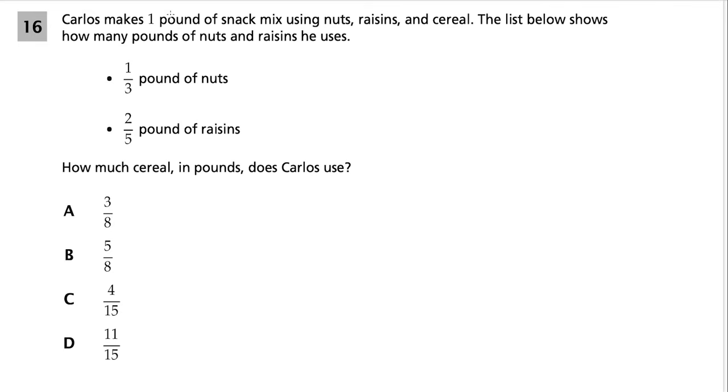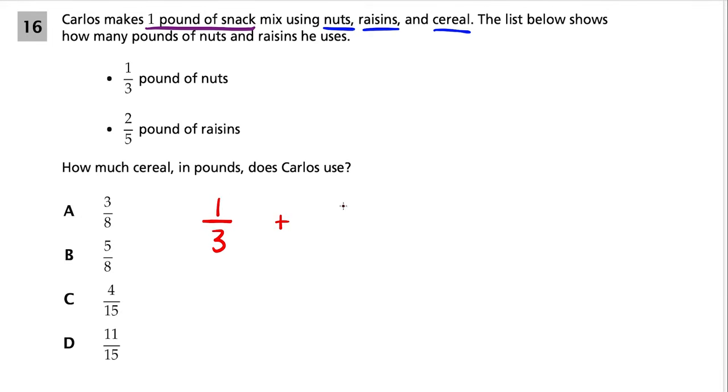For question 16, Carlos is making 1 pound of snack mix using 3 ingredients: nuts, raisins, and cereal. And the list so far just shows how much of 2 of the ingredients are being used, so nuts and raisins. So we want to know how many pounds of cereal are in this particular mix. The idea for this question is that there are 3 ingredients, and so far we know there's 1/3 of a pound of nuts.